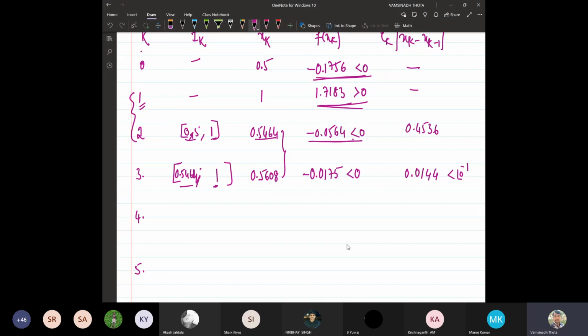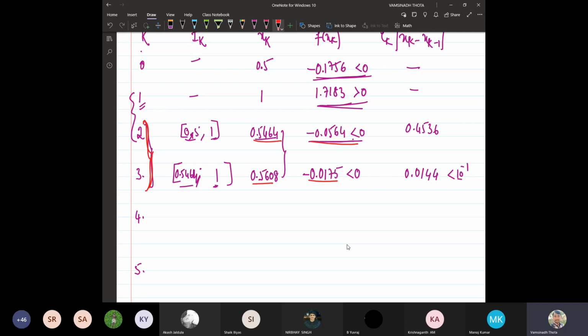Now, when k is equal to 4, previously in the secant method, without doing anything, we used to consider only the previous two. This is one point, this is another point, and we use them to evaluate the next iteration. But in the regular falsi method, this is not what we are going to use.